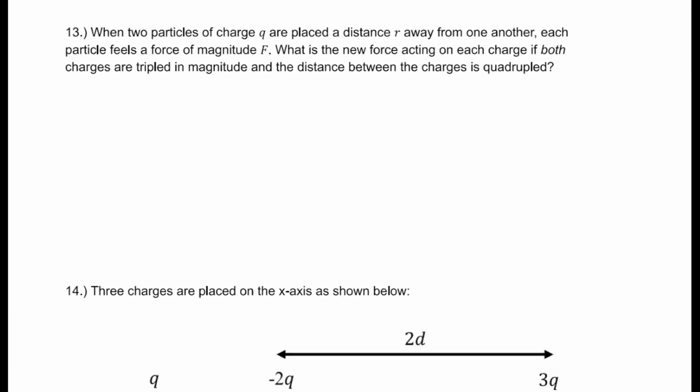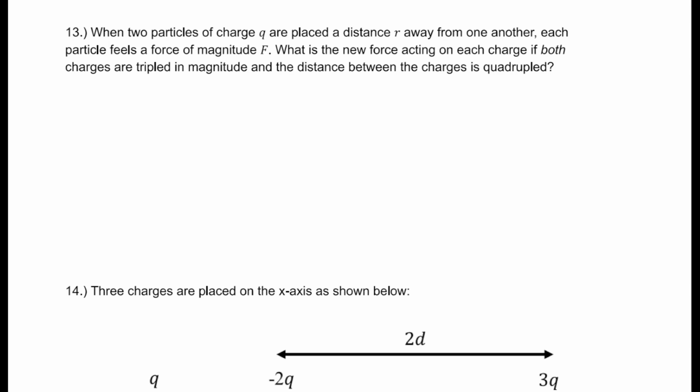All right, next up is a Coulomb's law ratio. So two particles of charge Q are placed a distance r away from one another, and when that happens, they feel a force F. We want to find the new force if both charges are tripled in magnitude, and we quadruple their separation.